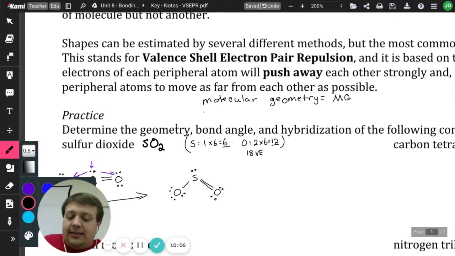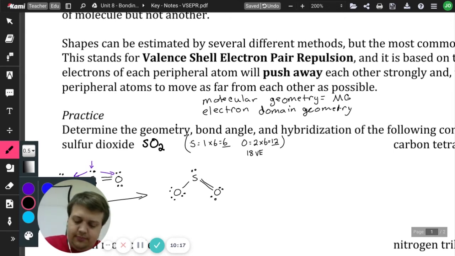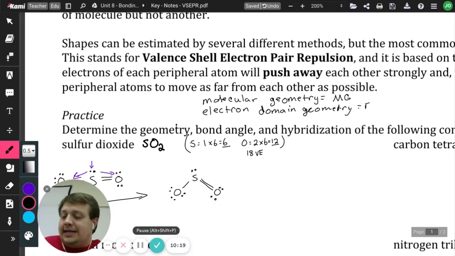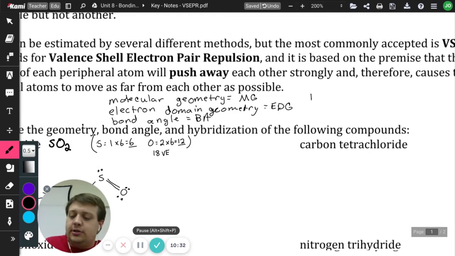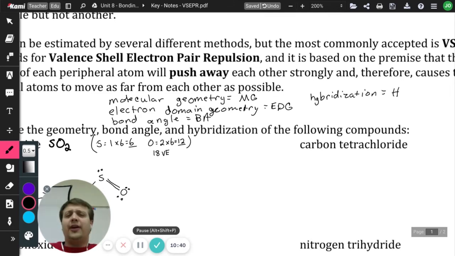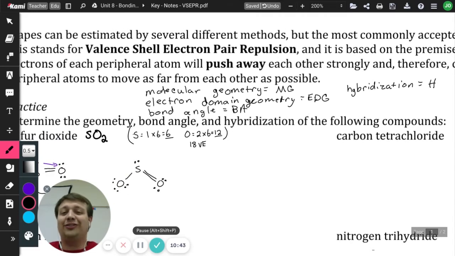If I've got the electron domain geometry, I'm going to call that EDG. If I'm talking about bond angle, I'm going to call that BA. And then last, if I want hybridization, I'm just going to put an H. Okay, that's just to make it a little bit easier for us to actually write these out.